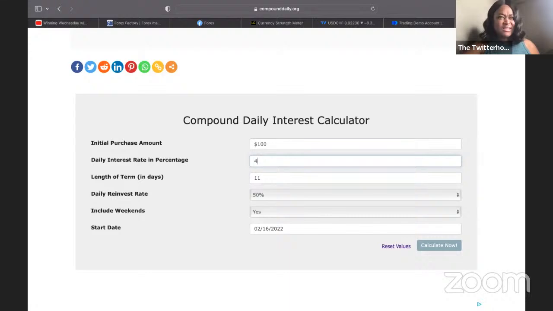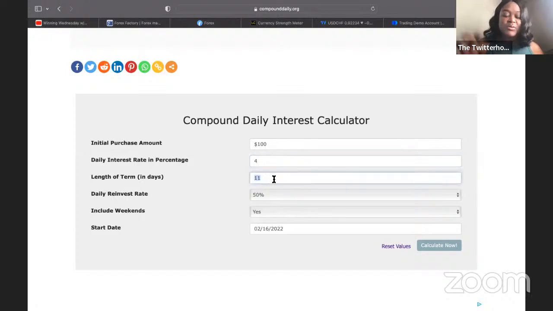If you got a CD, would they be giving you 4% every single day on that? No, right? You wouldn't even get 1% in 5 years on a CD, to be honest, right?